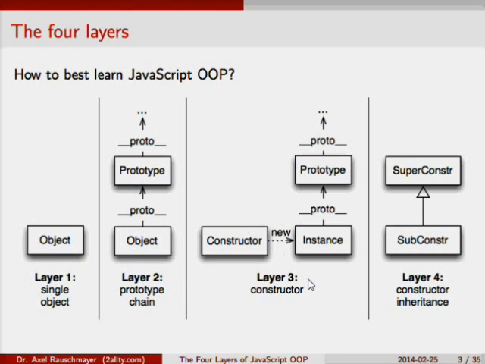The third layer is constructors, and constructors are factories for instances. They set up objects. And the fourth layer is an advanced topic about how you can derive a subconstructor from a superconstructor.